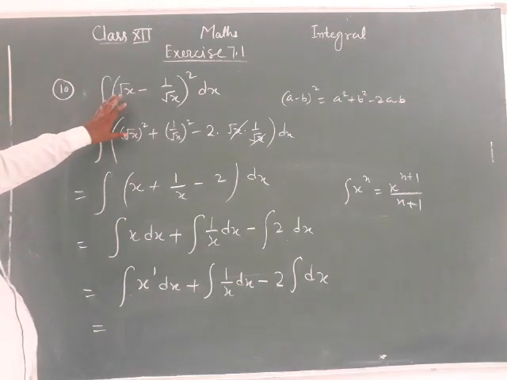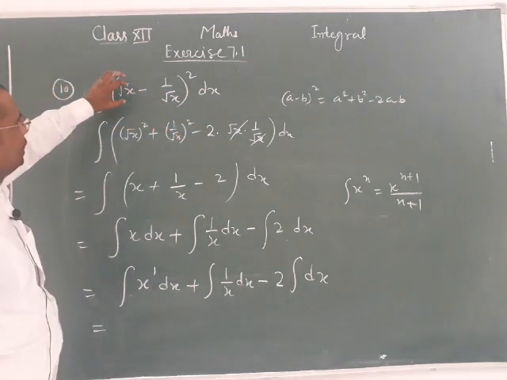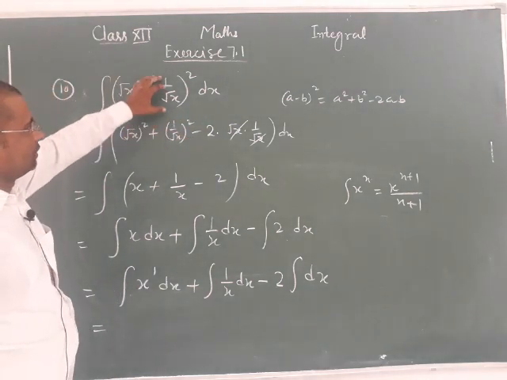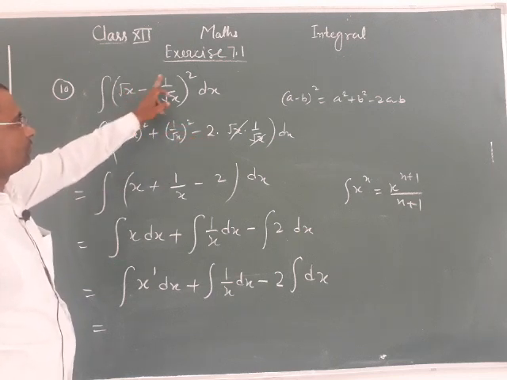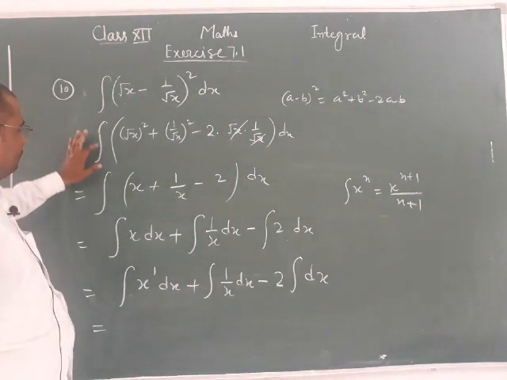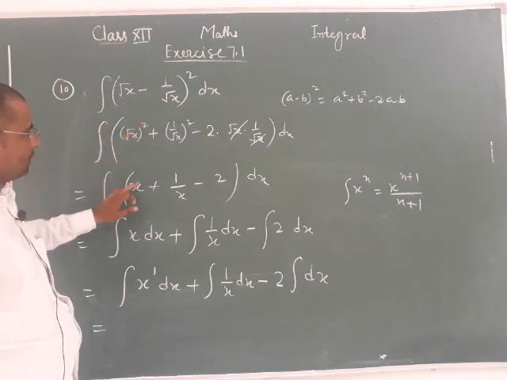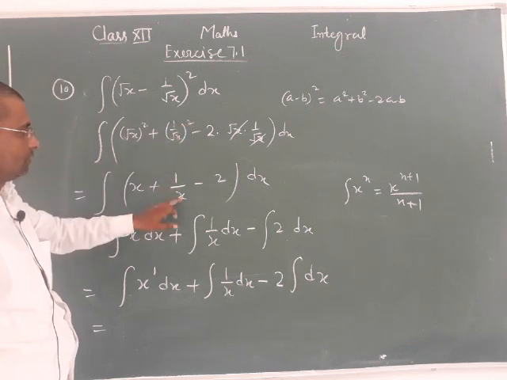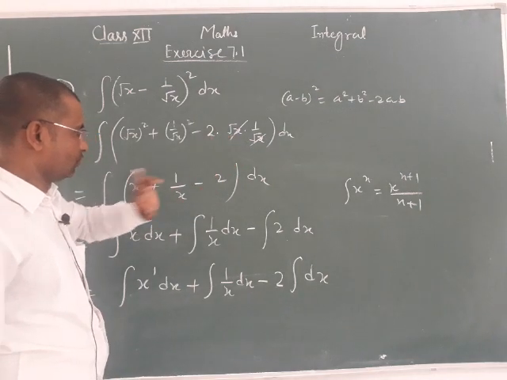So now (a minus b) whole square, this, so (root x)^2 plus (1 upon root x)^2 minus 2 times root x times 1 upon root x according to this. So now we can write here root squared cancels out to x, and 1 squared is 1, and the roots cancel out, we get 2.